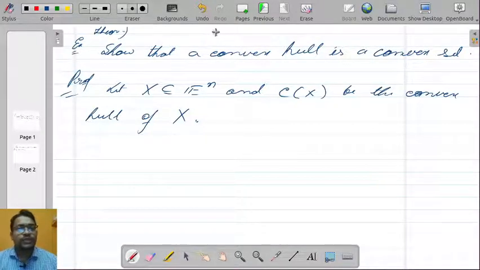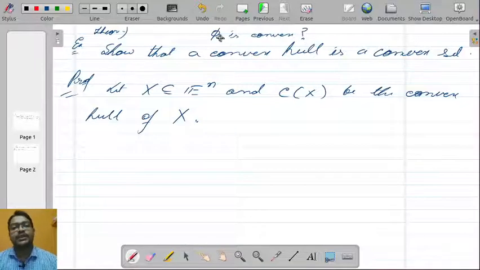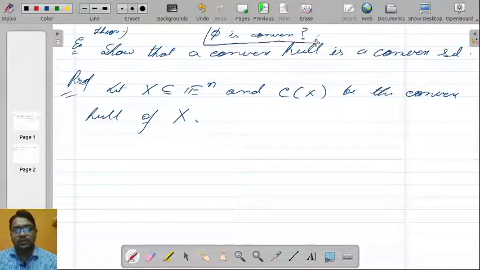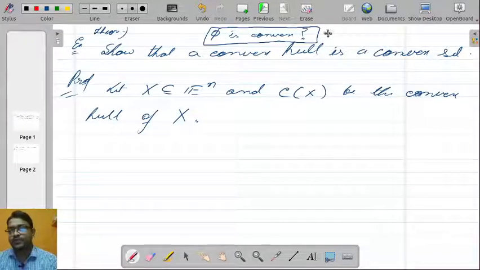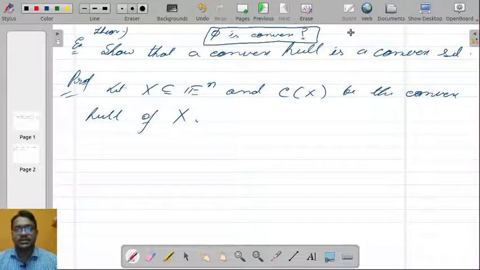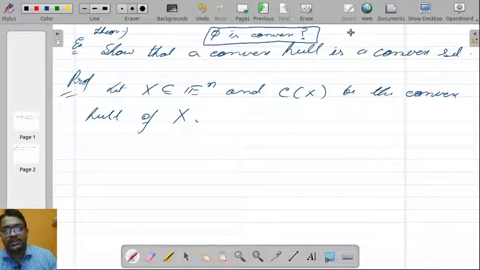One more thing you try to observe: what about the empty set? Is phi a convex set or not? This actually is a trivial result. We need to agree that phi is convex, because if we say that phi is not convex, then we need to find 2 points inside phi so that the straight line joining them is not inside phi.